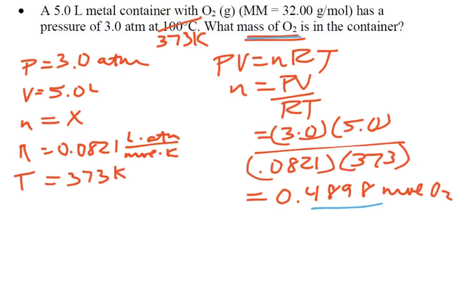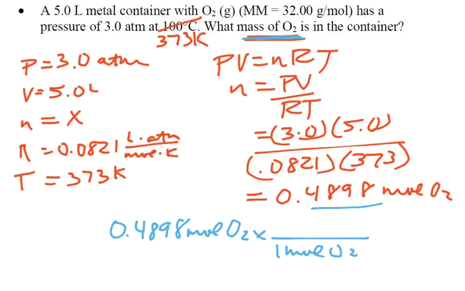So I want to get the mass of oxygen. We just have to say moles times molecular weight. So 0.4898 moles of oxygen multiplied by my molar mass: 1 mole of O2 is 32.00 grams of oxygen.